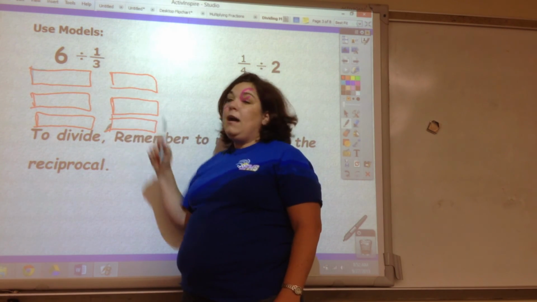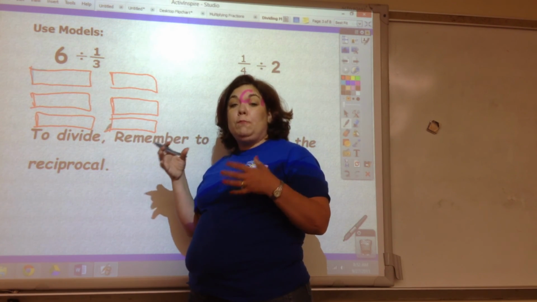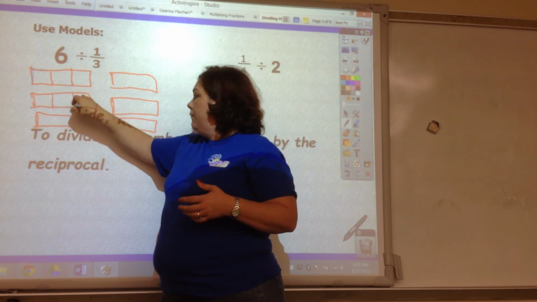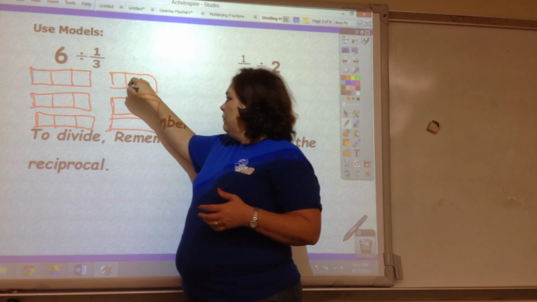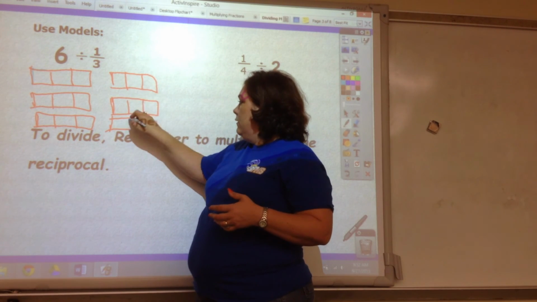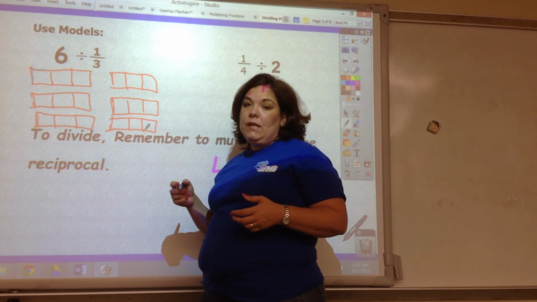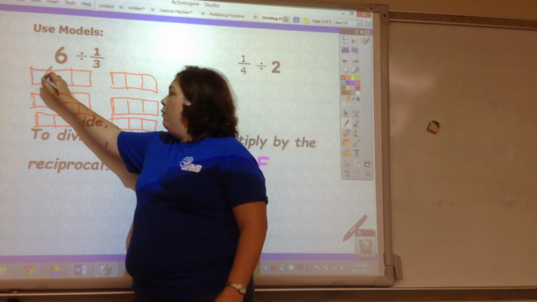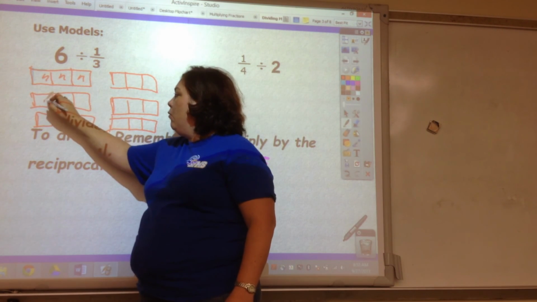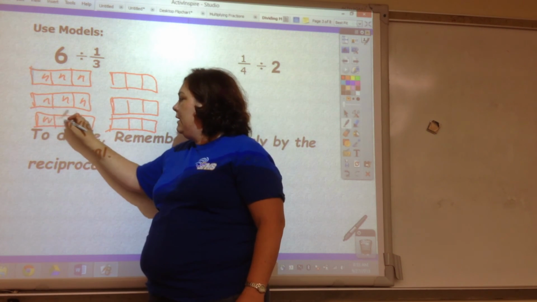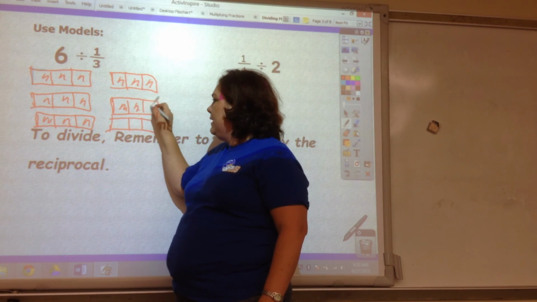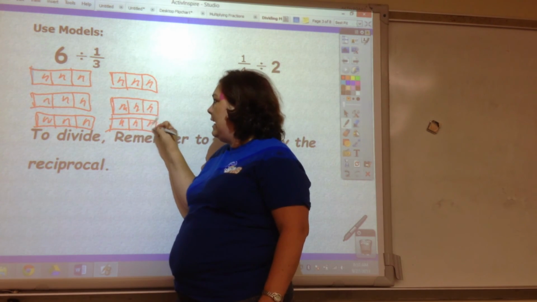So I'm going to divide them into 1/3 pieces. And so that's into thirds, and I'm going to count how many ones I have. Well, I have 1, 2, 3, 4, 5, 6, 7, 8, 9, 10, 11, 12, 13, 14, 15, 16, 17, 18.